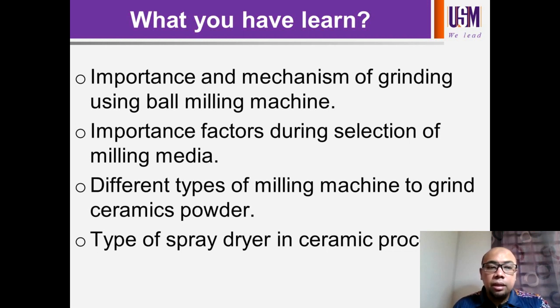Number three, you can identify the different types of milling machine to grind ceramic powders. Number four, the types of spray dryer in ceramic processing. I want to add another point: how the critical speed influences the performance of the milling process. So please take this point seriously.